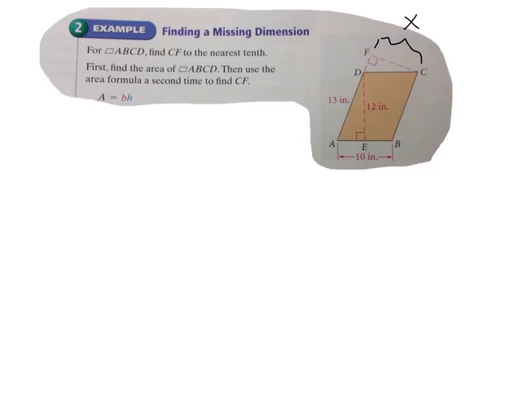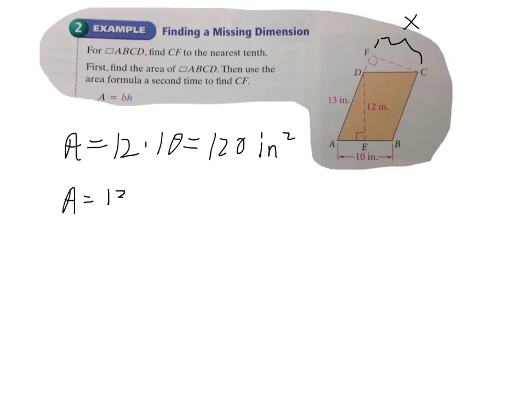Okay, first, hopefully you will agree the area of parallelogram ABCD is just going to be 12 times 10, which would be 120 square inches. That's the area of the parallelogram. Well, another way to get the area of this parallelogram is if you consider the base of the parallelogram to be 13 and the height to be x.